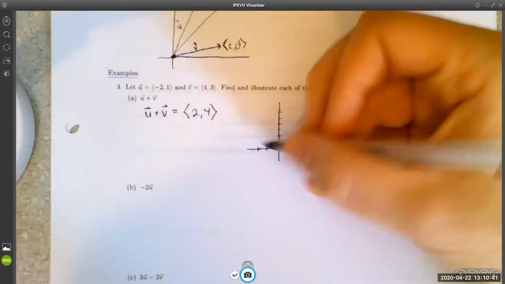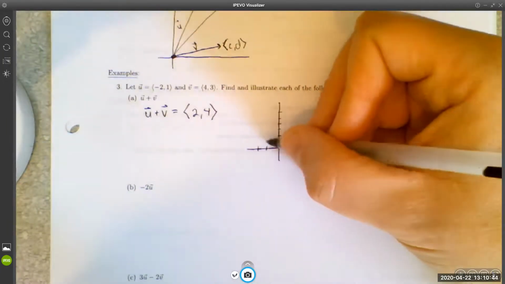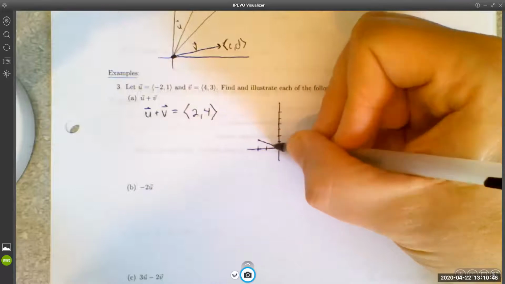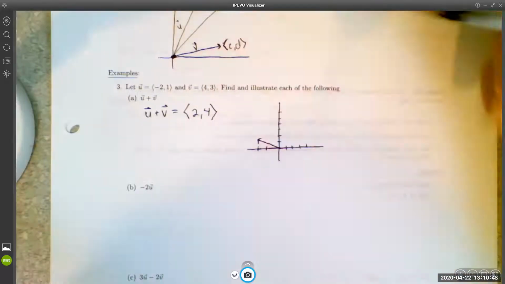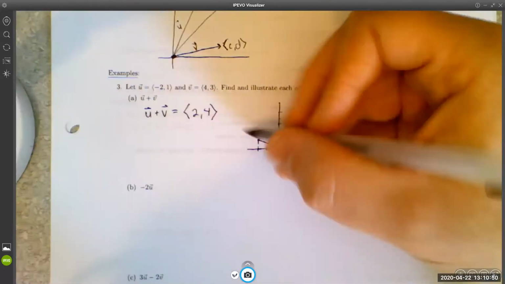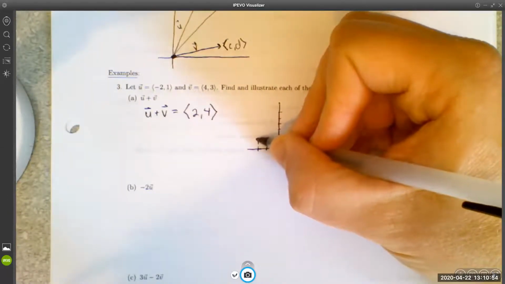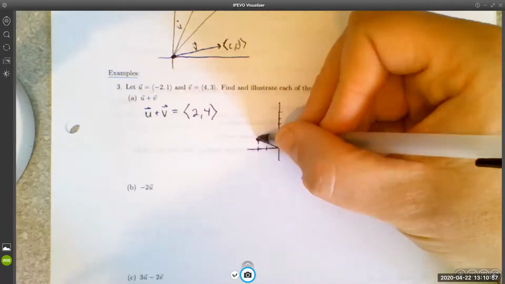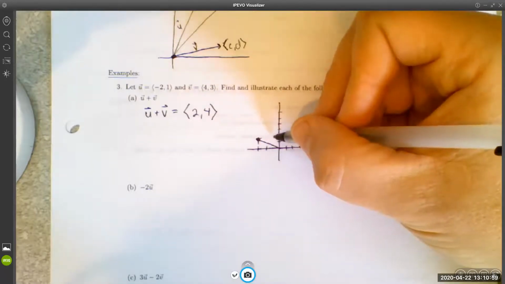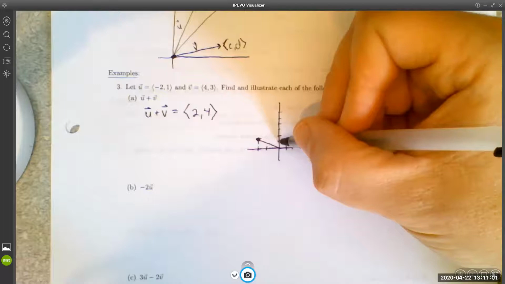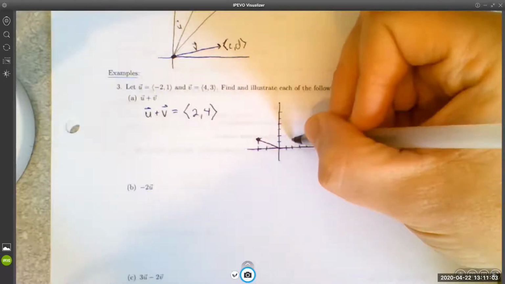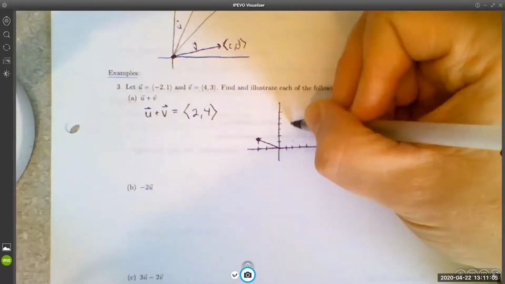So u is -2, 1. So it's this vector right here. And then we want to add 4, 3. For all intents and purposes, I can think of this like I'm starting at this point now. And for 4, 3, I'm going to go 1, 2, 3, 4, and then up 1, 2, 3.